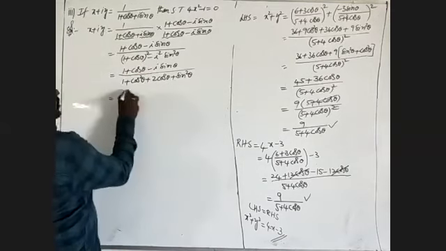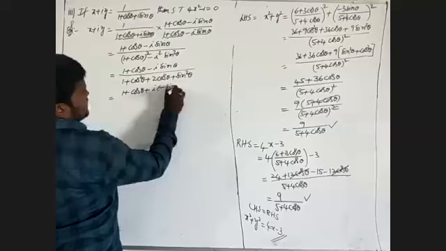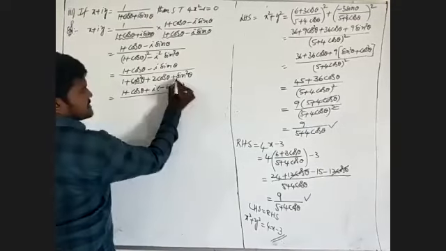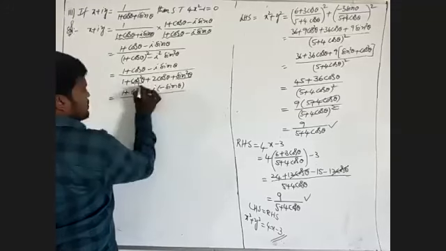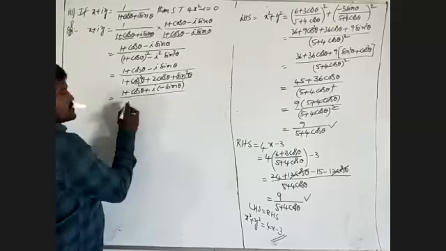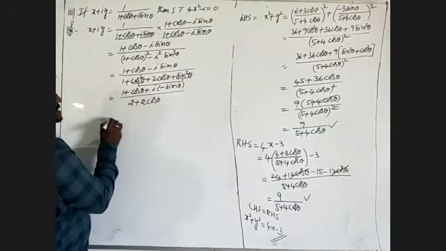That means 1 plus cos theta plus i into minus sin theta, and here we observe cos square theta and sin square theta. The formula for cos square theta plus sin square theta is 1. Here also 1 plus 1 is 2, so 2 plus 2 cos theta.